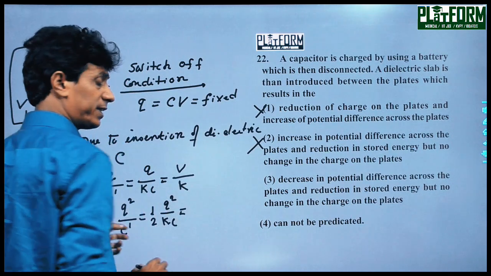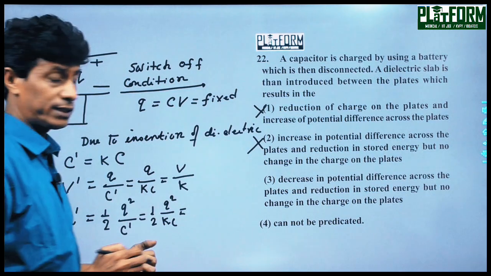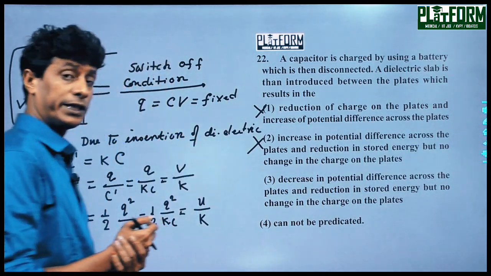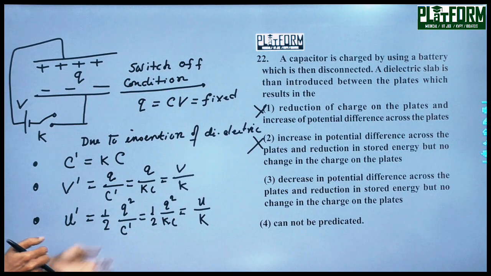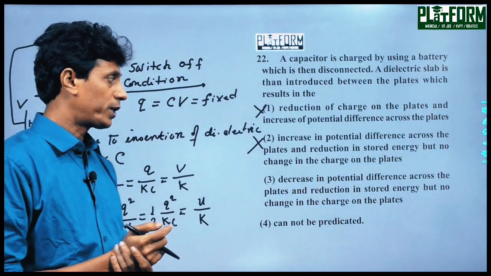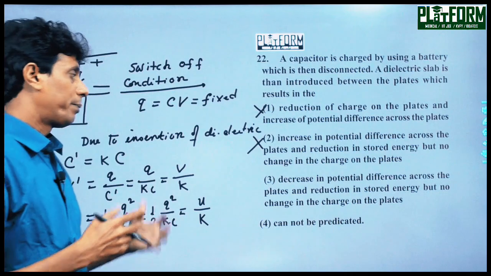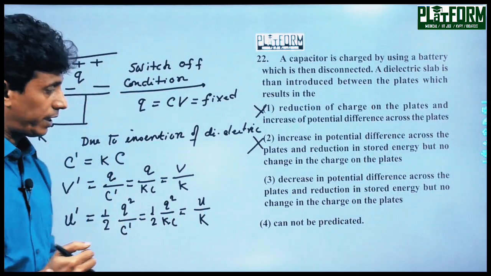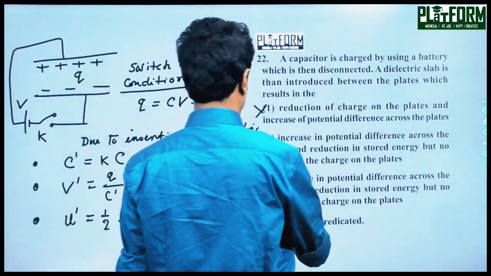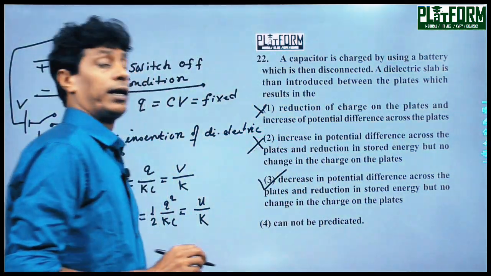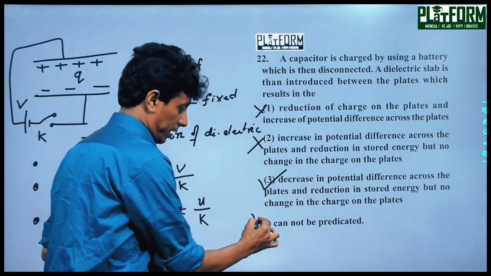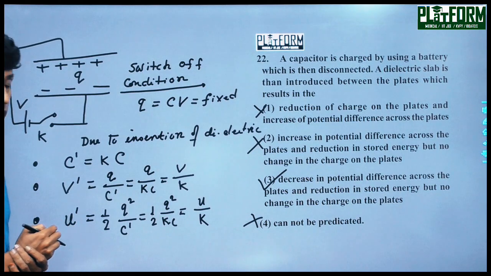The previous energy is half Q square by C, so the energy becomes U by K, reduced by K times. So decrease in potential difference and reduction in stored energy are correct statements, and I have already told that the charge remains the same, so option 3 is the correct option. Option 4, cannot be predicted, is also not correct, so 3 is the right option.